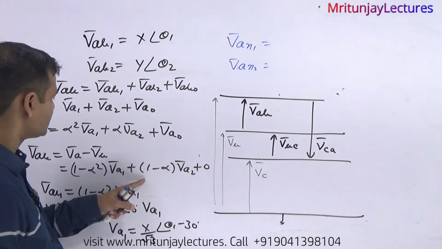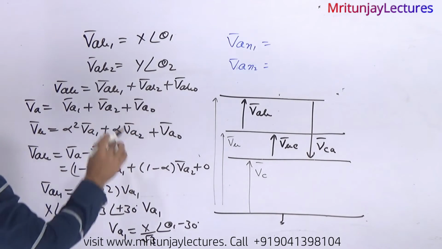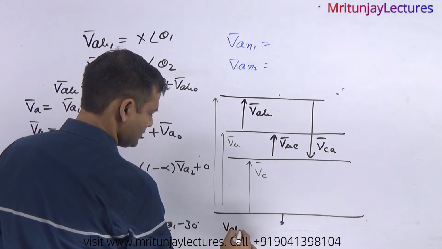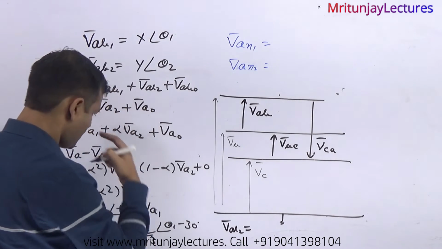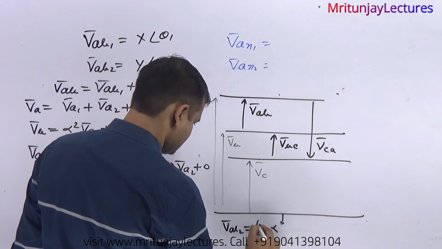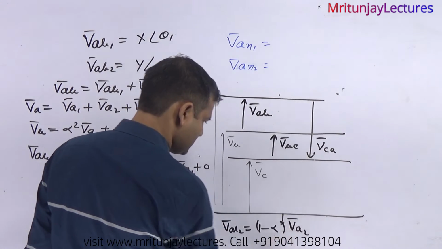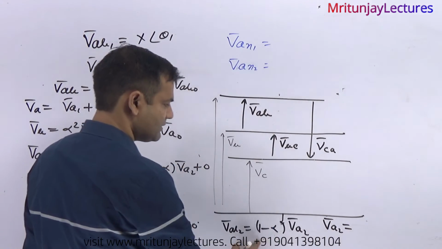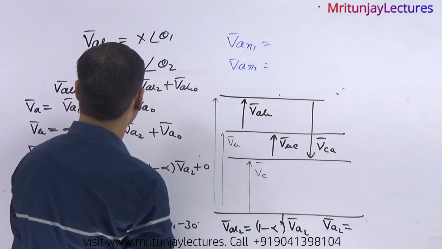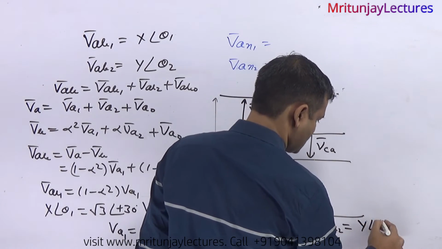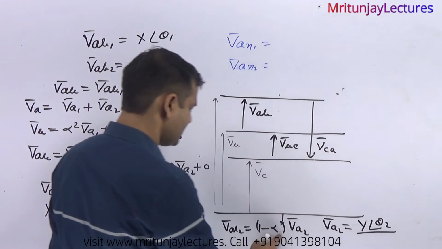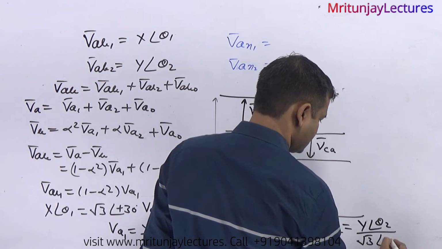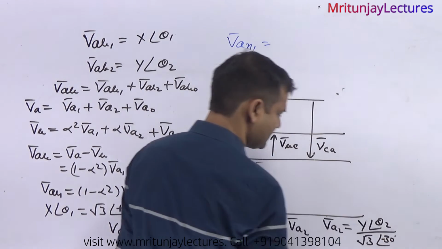Similarly, this one is compared to this one. So V of AB2 is equal to 1 minus alpha into V of A2, and V of A2, this value is y at the angle theta 2 divided by 1 minus alpha. 1 minus alpha is root 3 at the angle minus 30.